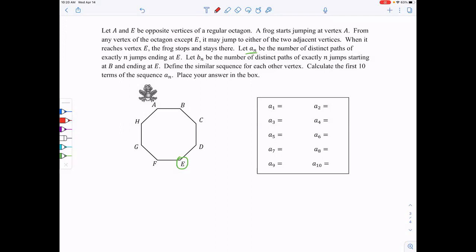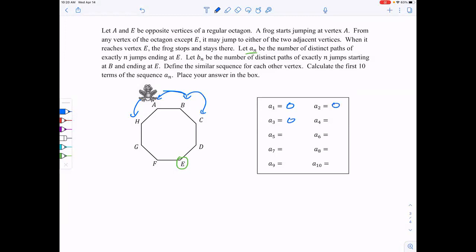It wants us to go all the way up to 10, but we will do some of the counting. Like if we just have one move, there's no way that we can get to E. So there's 0 paths that will travel to E. If we have 2 moves, well, we could go back to A, or you could go to C, but still there's 0 paths.